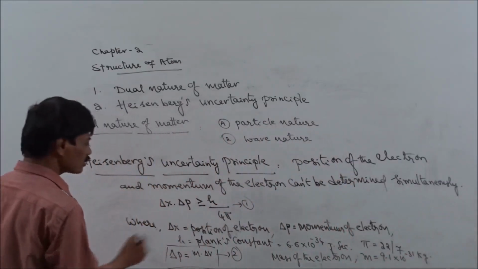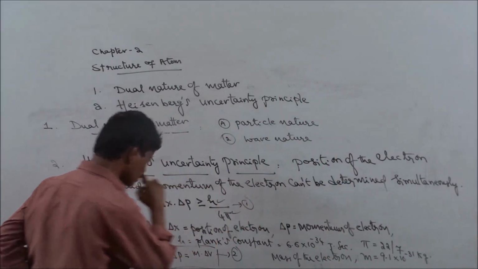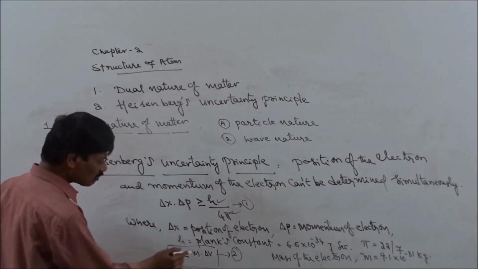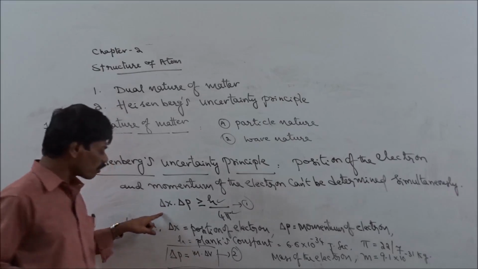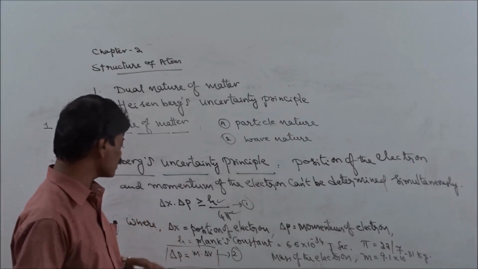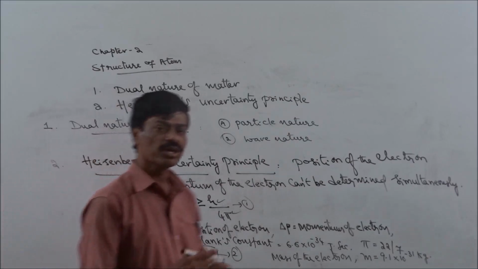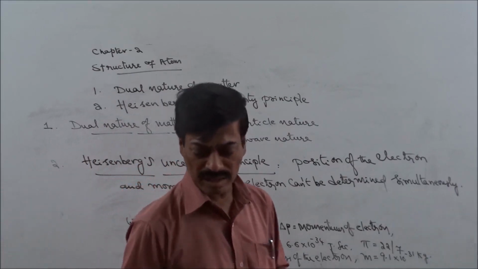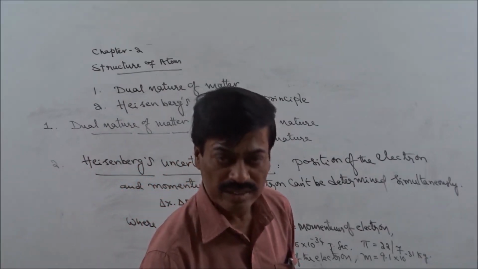So here h is known, pi is known, and m is known. That means for the position of the electron and velocity of the electron, out of these two, if we know any one, the other unknown one can be calculated. Thank you, children.